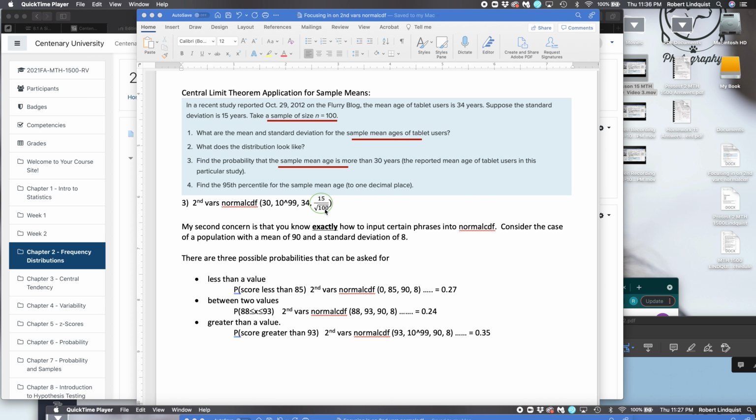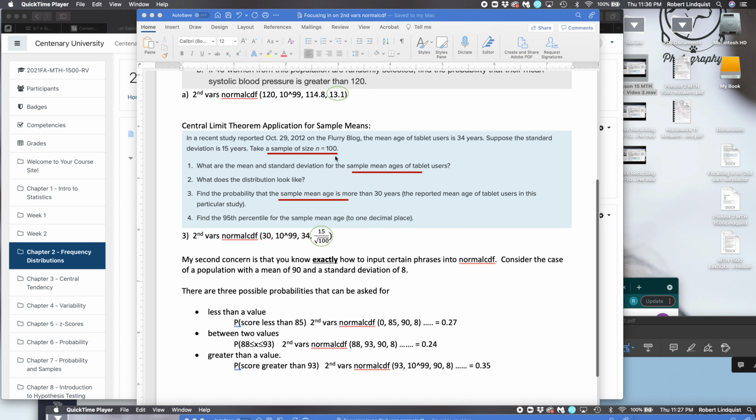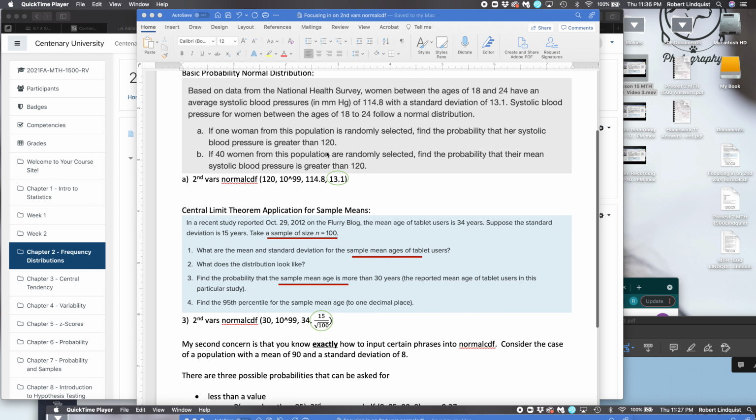You're going to have to take the standard deviation, which is 15, and you always divide by the square root of the sample size. In this case, it's 100. Yes, I could make that a 10, but I'm trying to emphasize that it's always the square root of the sample size, 100% of the time, okay? So the first big delineation is letter A, gray box.